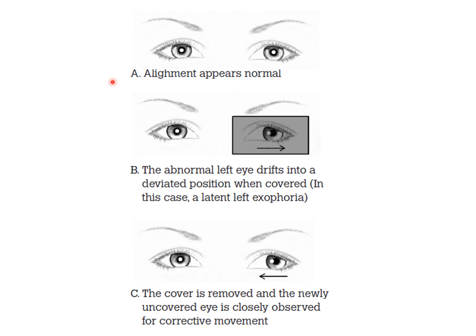So when you cover the specific eye and remove the cover later on, the normal finding should be that it is still in place. However, when you cover one eye, then it drifts to the side, or upward, downward, left, or right, it means it's an abnormal finding.